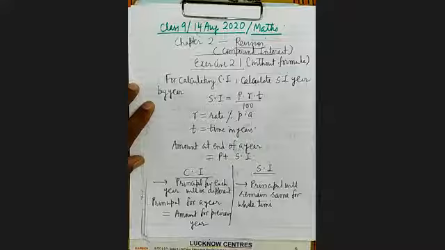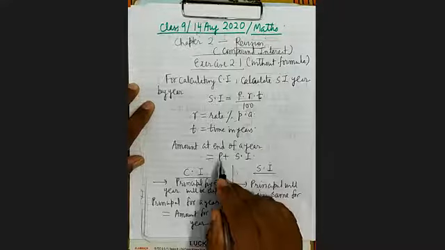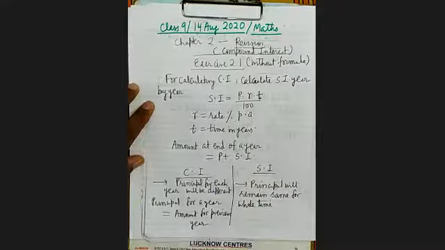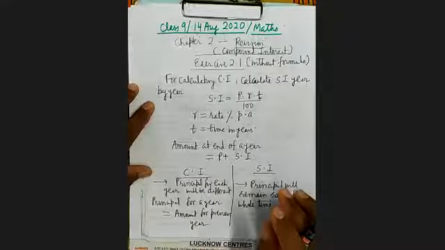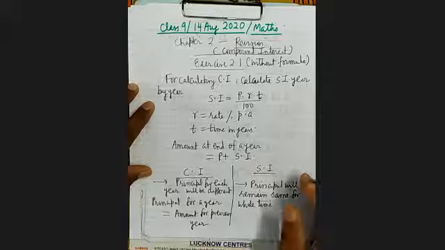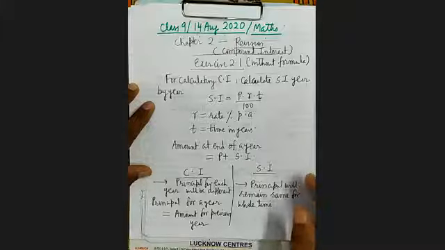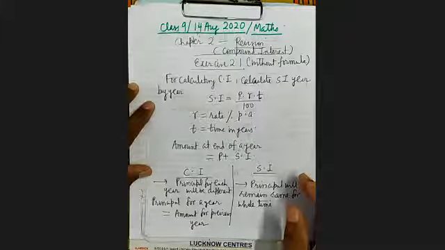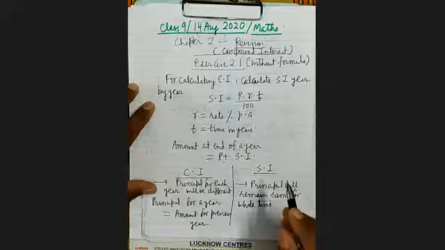Suppose the amount for the first year is 1000. So what is the principal for the second year? 1000. Suppose the amount for the second year is rupees 1500. So what is the principal for the third year? 1500. What is the principal for the first year?